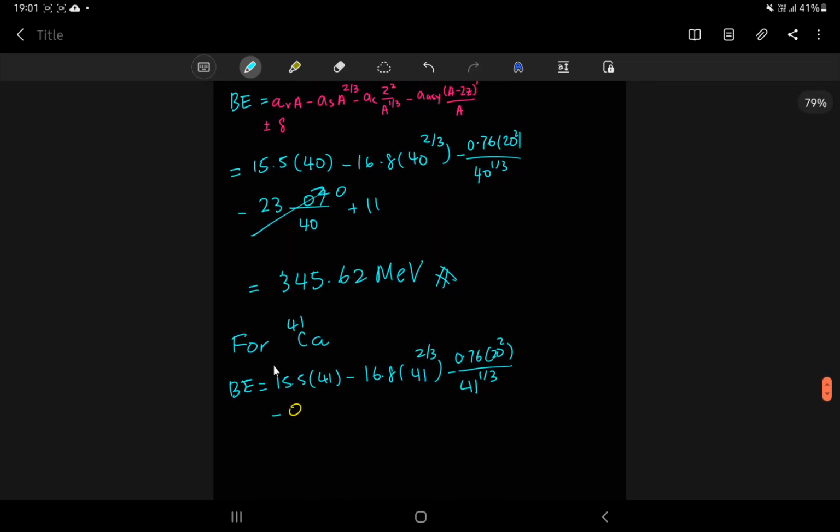Oh yeah, don't forget the asymmetric term. The asymmetric term is 23 times the difference in proton and neutron, which is only 1, so 1 squared, over 41, the atomic number.